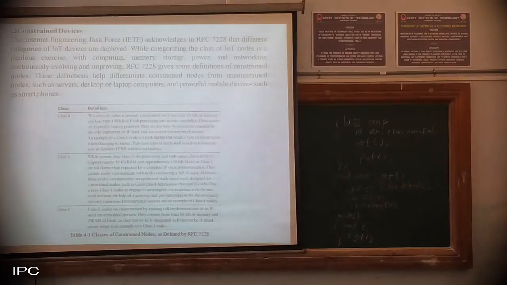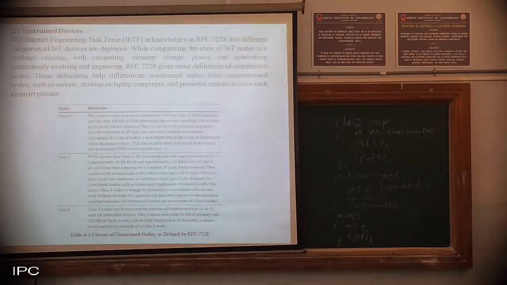Okay, and constrained devices. Depending on the constraints, we can classify the devices into 3 classes: class 0, class 1, and class 2. Definitions are given here depending on the different constraints, such as RAM capacity and so on.